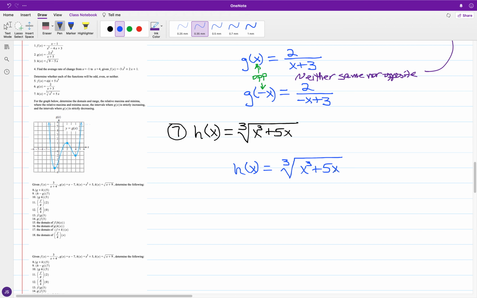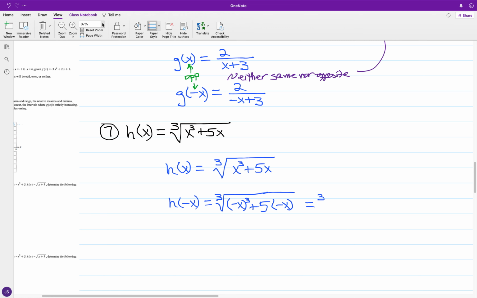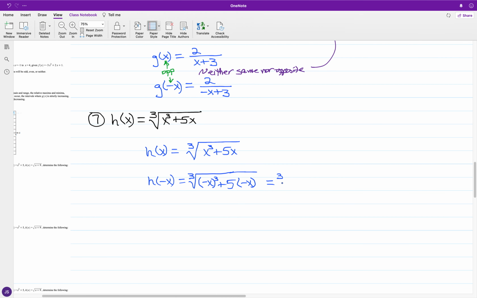We have the cubic root of x to the third plus 5x, and if I insert for the input -x, here I'm going to have the cubic root of the cube of -x, plus 5 times -x.